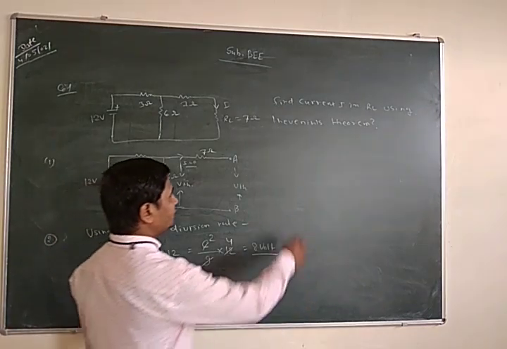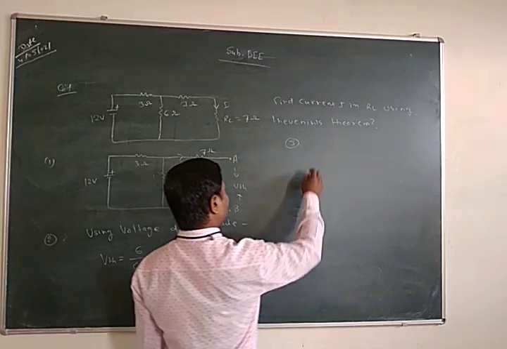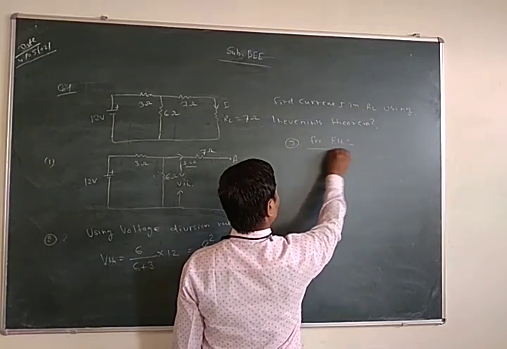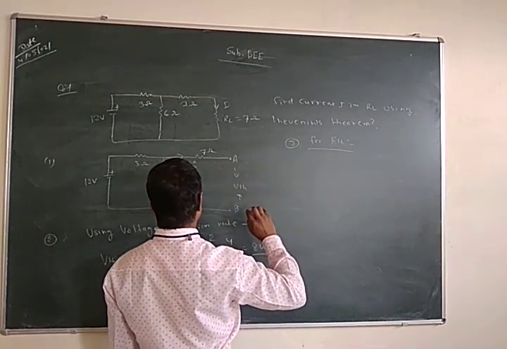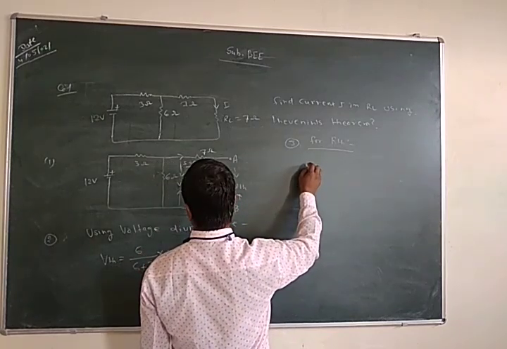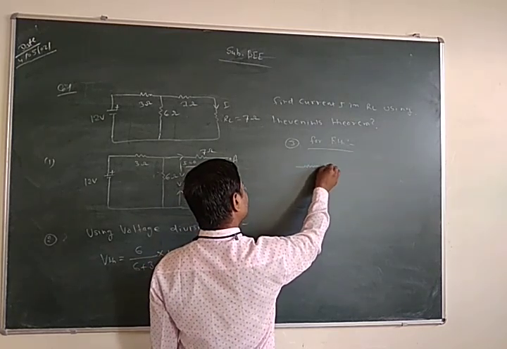Next, step 3, for RTH we replace the voltage source by its internal resistance, meaning we short the voltage source terminals.